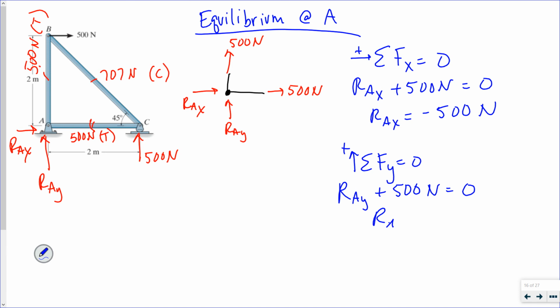And I get that my vertical reaction is actually down. So you could write RAY equals 500 newtons down. RAX is 500 newtons to the left. RAY is 500 newtons.